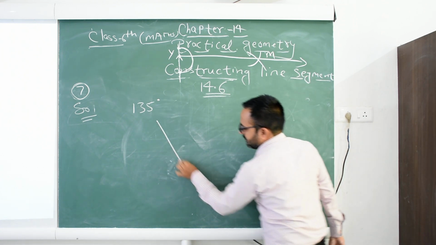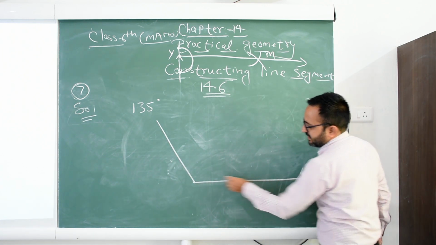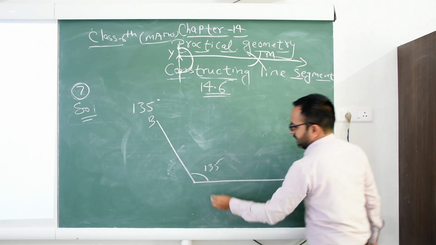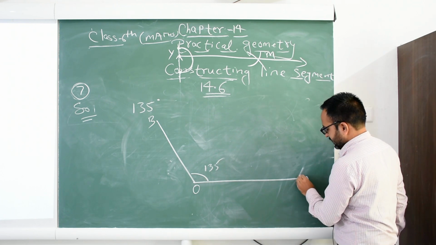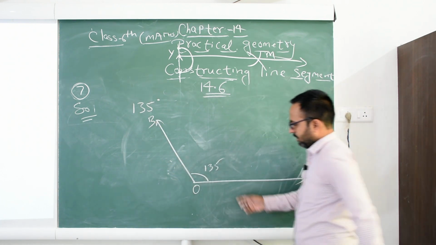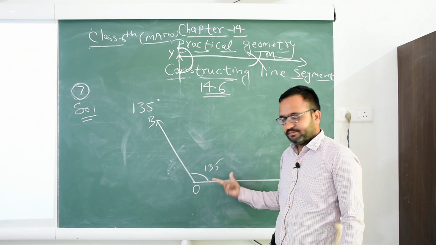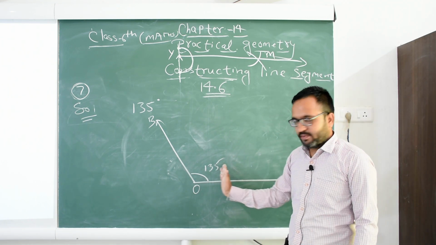First of all, with the help of protractor we draw the angle 135, this is your BOA. Now we try to bisect it.